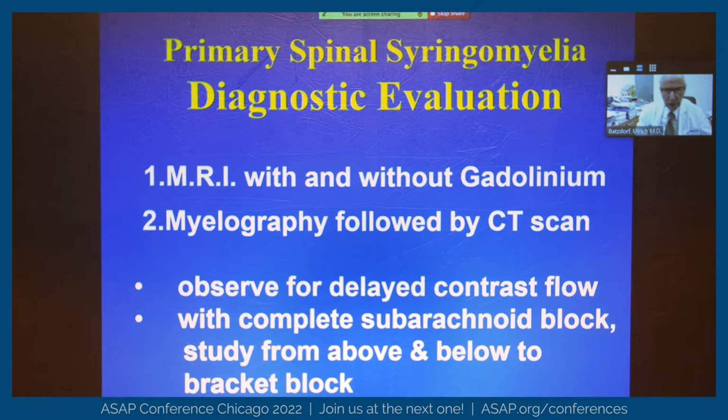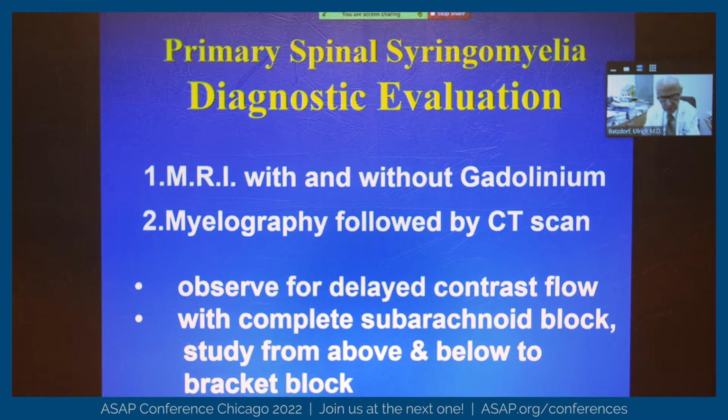So how do we identify such a partial obstruction? Today, MR scan with or without contrast is really the basic technique used, but there are situations where even today myelography combined with CT scanning is very helpful.